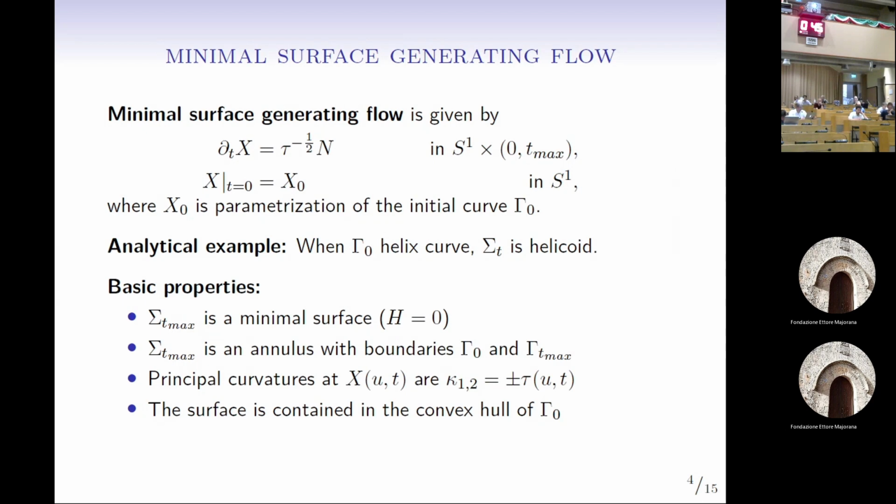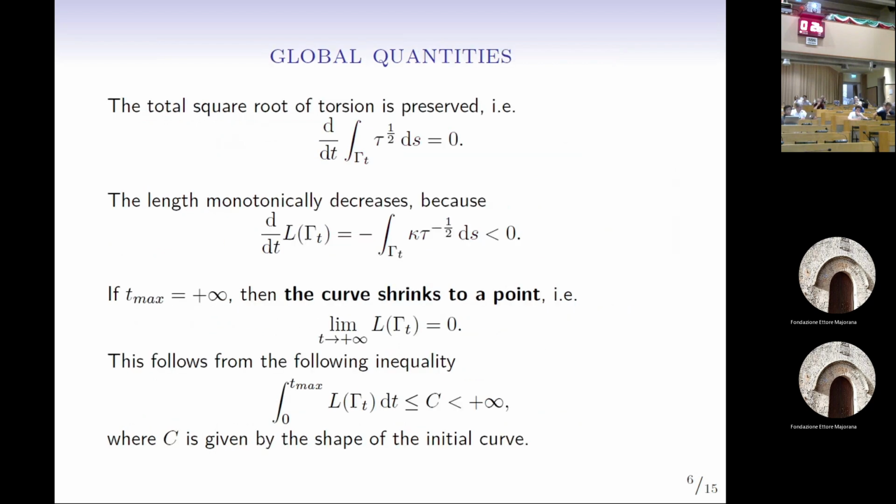If I can have a brief follow-up. With this construction, of course, you'll get a parameterization for the minimal surface. Does it have any nice properties? I don't know whether this is nice or useful, but there are some interesting features.